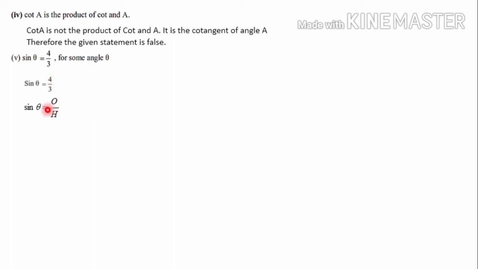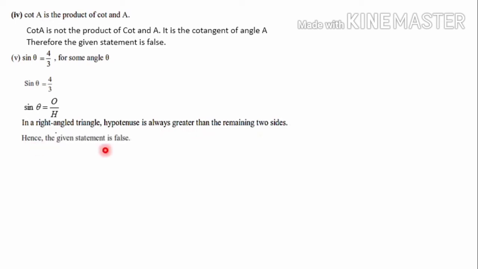In a right triangle, the hypotenuse is the longest side. Here the hypotenuse is shorter than the opposite side. That is not possible because in a right triangle, the hypotenuse is always greater than the remaining two sides. Hence the given statement is false.